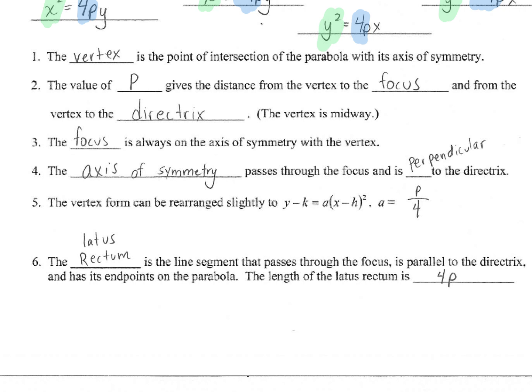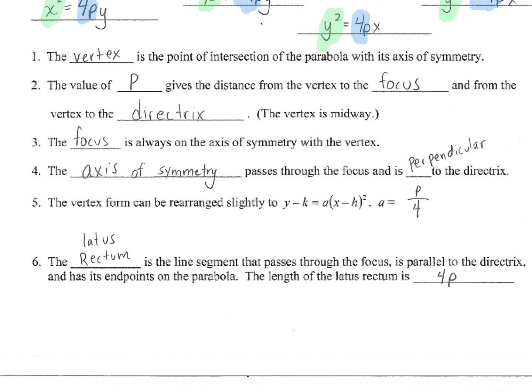We're using this p value to represent something a little bit different. And finally, number six, the latus rectum is the line segment that passes through the focus, parallel to the directrix, and has its endpoints on the parabola. The length of the latus rectum is 4p. And remember, p represents the distance from the focus to the vertex or the vertex to the directrix.